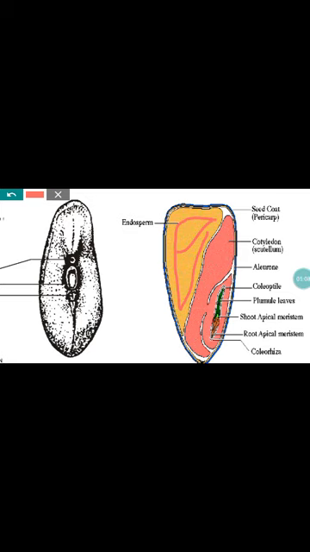In the development and maturation lecture itself, I told you that the endosperm is developed by the fusion of two polar nuclei and one male nucleus. Because of that, the endosperm is triploid in nature. Another main thing about the endosperm is that it does not have life; it is totally non-living. So the endosperm is non-living, developed through triple fusion, and acts as a storage organ in the case of monocots. Almost all monocots have the endosperm.